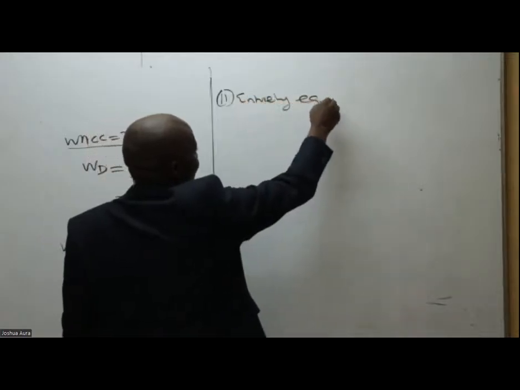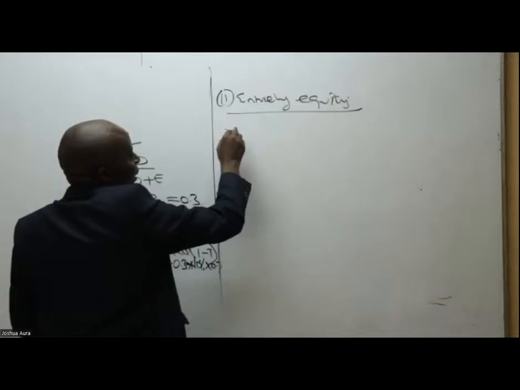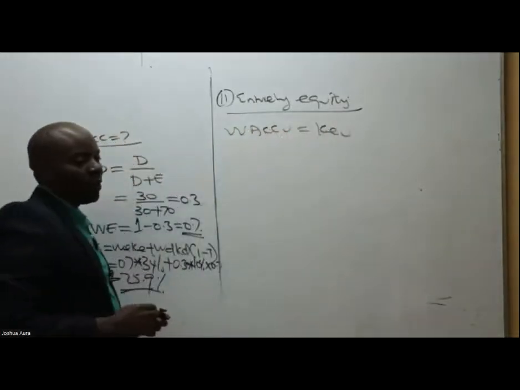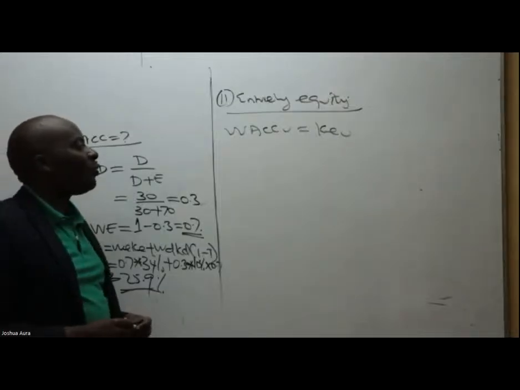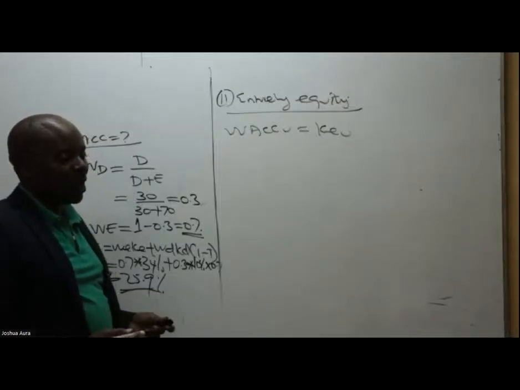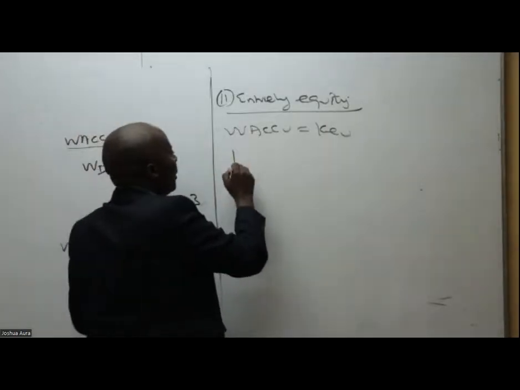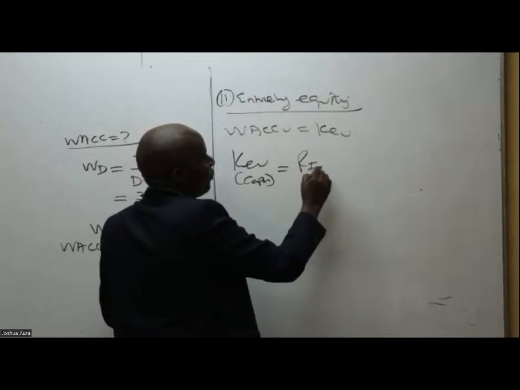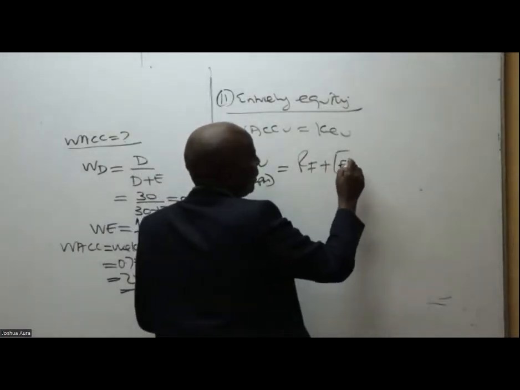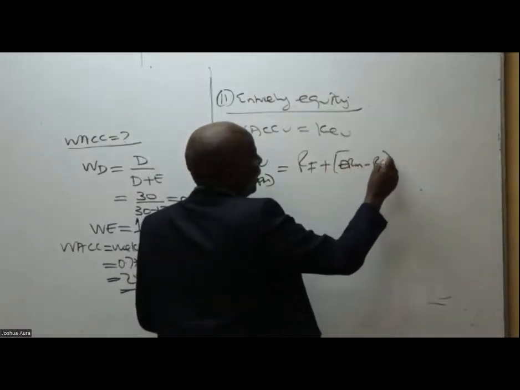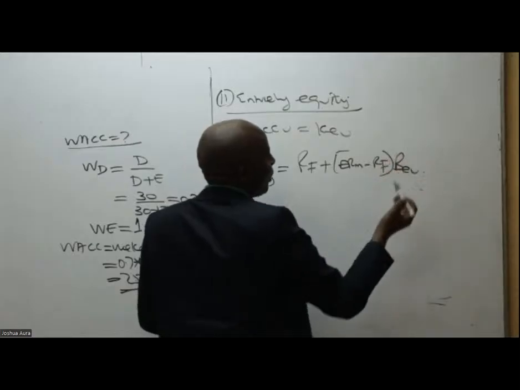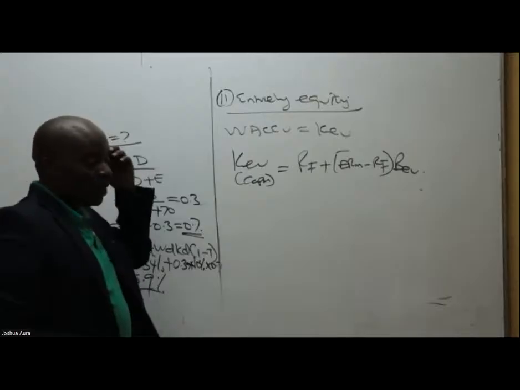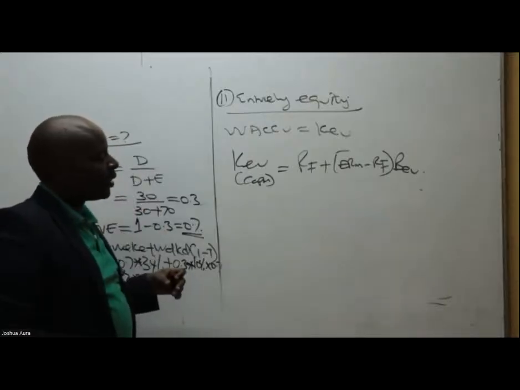Entirely equity, so I know WACC of the unlevered firm equals Ke. Weighted average cost of capital of an unlevered firm equals Ke. And to get Ke is quite simple. Using CAPM, I'll take the risk-free plus market returns minus risk-free, multiplied by beta. I do not need a lot of workings here really.